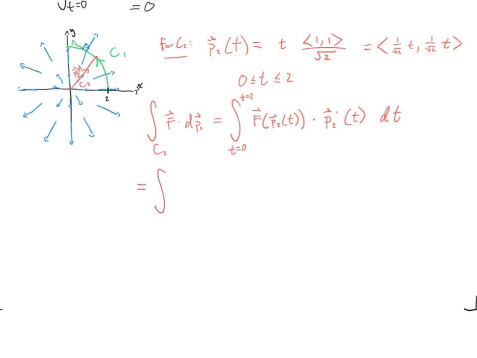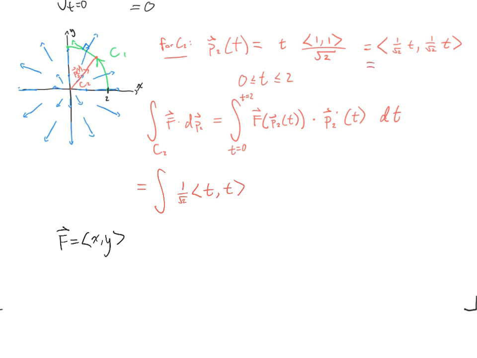So recall F was x comma y, which means F of P of t looks like 1 over root 2 times, and this is scalar multiplication, t in each coordinate.